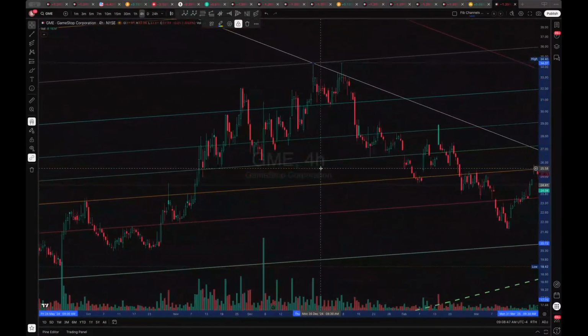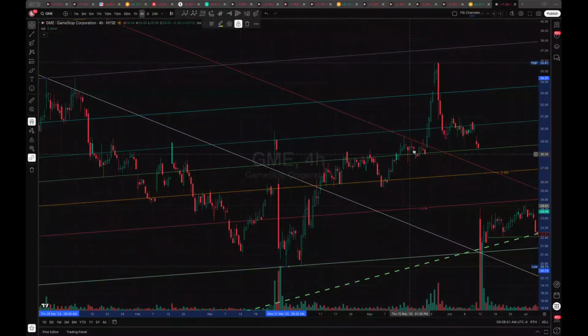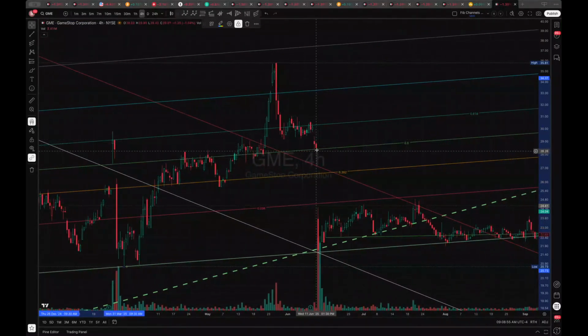And we'll scroll through here, and you can see where channels are forming on price as we go. And even right here before the convertible bond announcement in June, it tapped a fib level before gapping down 2 levels below it.